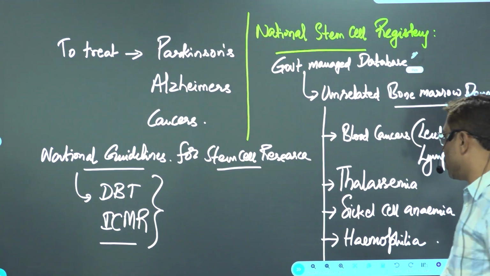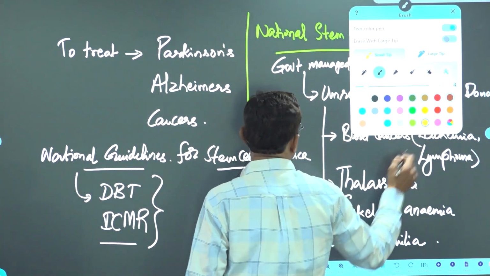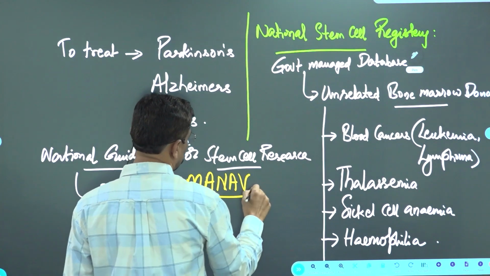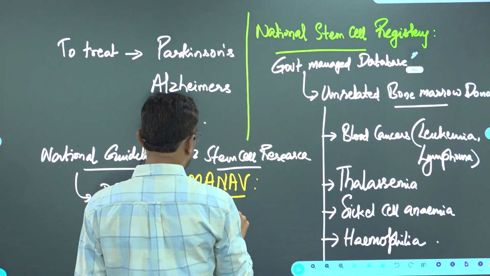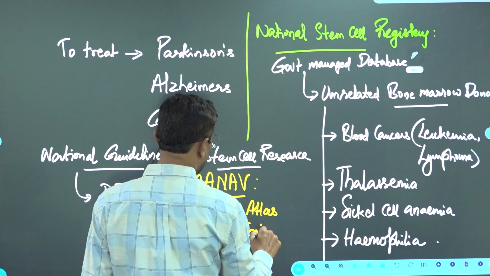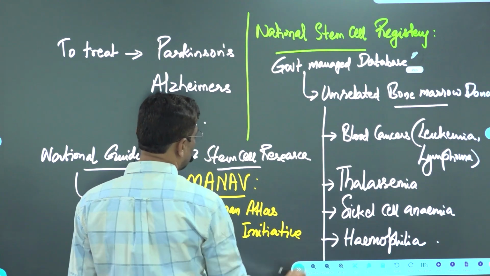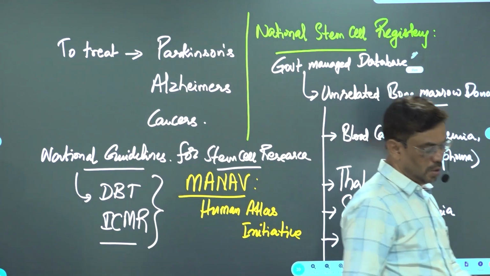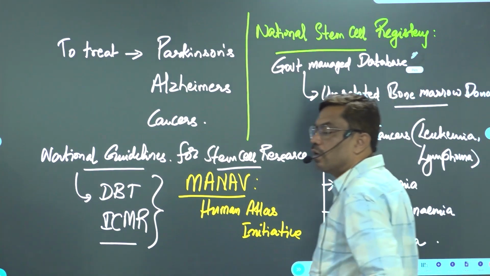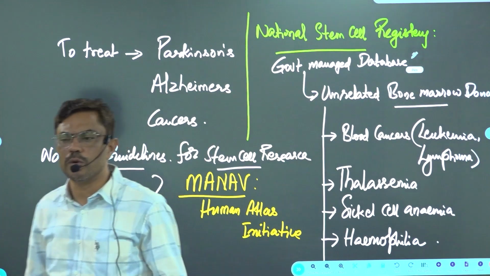So next, Manav, Human Atlas Initiative. It was launched by DBT, Department of Biotechnology. It is a project to construct a comprehensive map of every tissue of the human body.